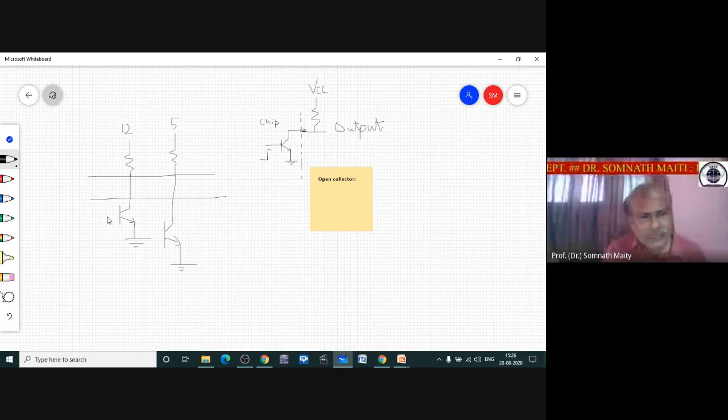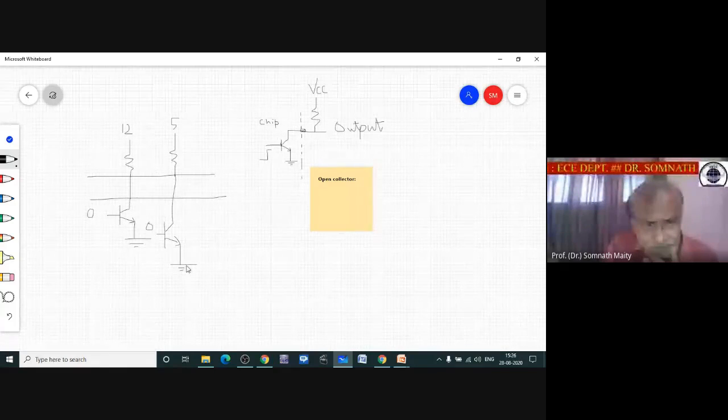Now, if you apply 0 volt here, 0 volt over here, then the transistor is cut off, they will be at high voltage. If any one of these transistors goes high, let's say you apply 5 volt here, then this transistor will be turned on.